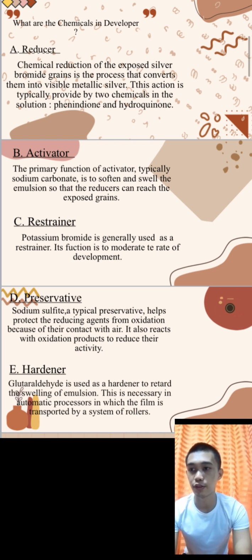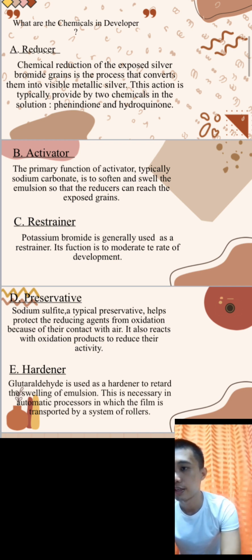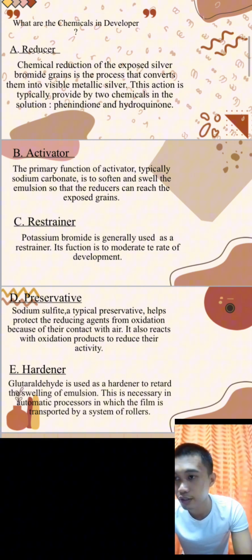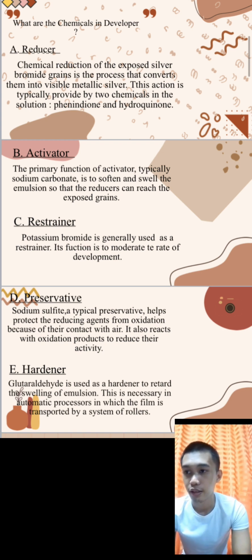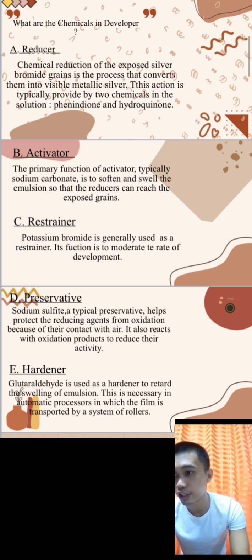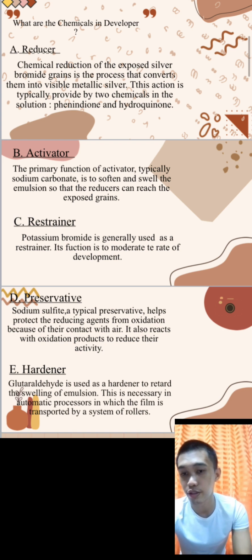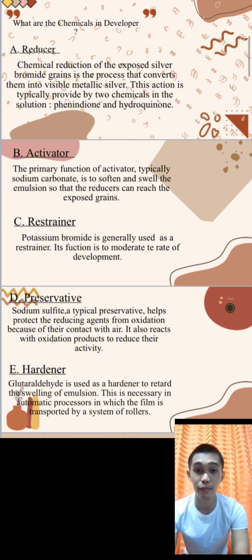So number four, the preservative. It helps to protect the reducing agents from oxidation because of their contact with air. It also reacts with oxidation products to reduce their activity. So the preservative is also a chemical agent used to prolong the shelf life of the developer solution.